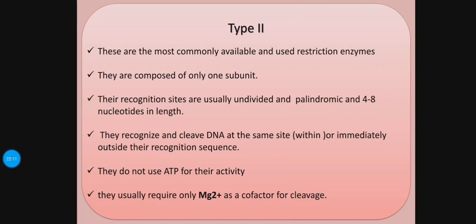And the recognition sites are usually undivided and palindromic and 4 to 8 nucleotides in length, and this restriction enzyme recognizes and cleaves the DNA at the same site, means within that recognition sequence or immediately outside their recognition sequence.